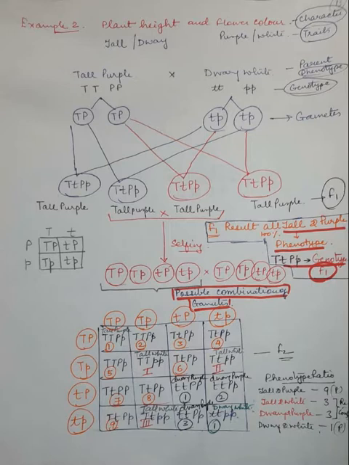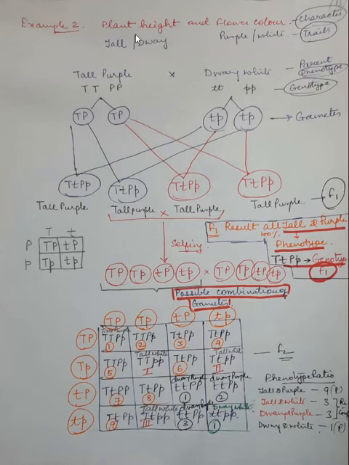As I told you, this law, the law of independent assortment, the third law of Mendel, Mendel has explained on the basis of dihybrid cross. And why am I saying this? Because he has considered inheritance of 2 different characters together. Simultaneously, he has taken 2 characters. What are those 2 characters? Plant height and flower color.